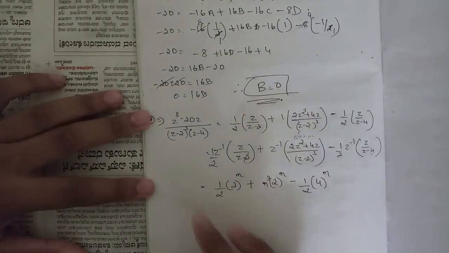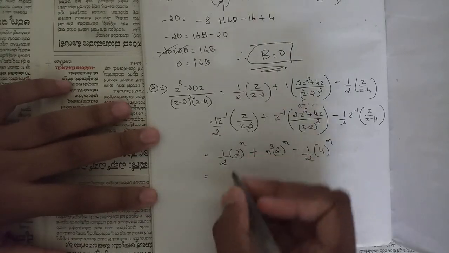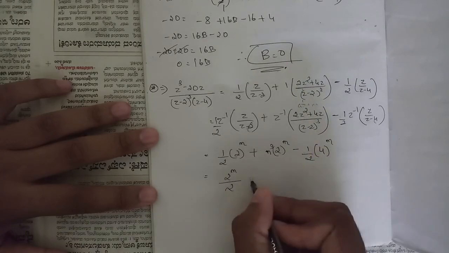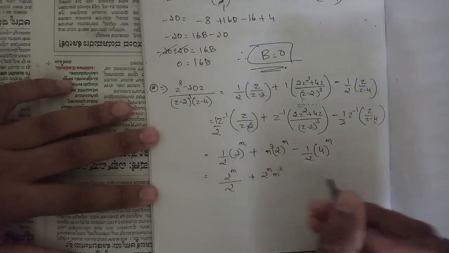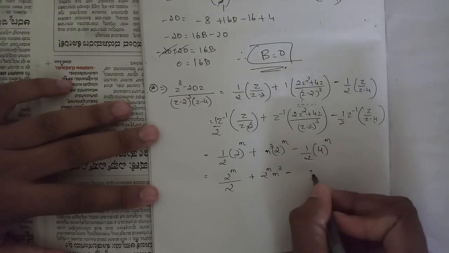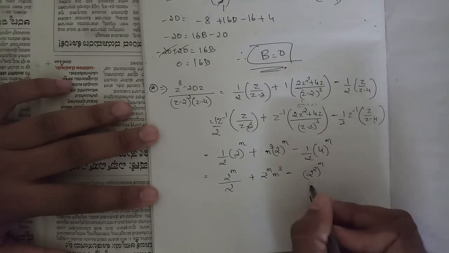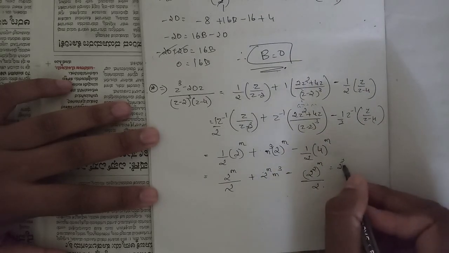Here we can further simplify this. We can write it as 2 power n by 2, plus 2 power n cube, minus, in place of 4 write it as (2 square) power n, divided by 2. So this is equal to 2 power 2n.